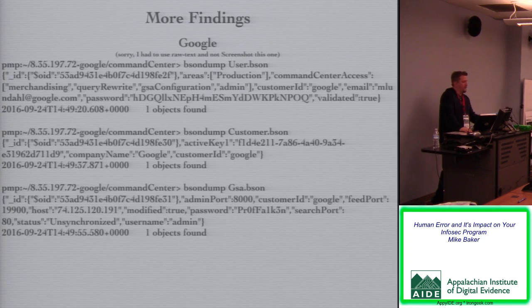So I set up to monitor their address space. And within a couple of hours of actually kicking off that instance, I got an alert for them, and I was like, oh, interesting. The address that it came back to was this 8.35.197.72 IP address.